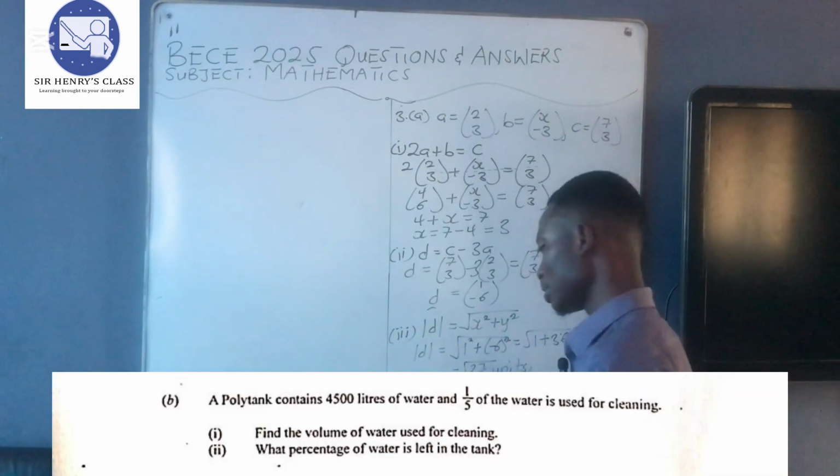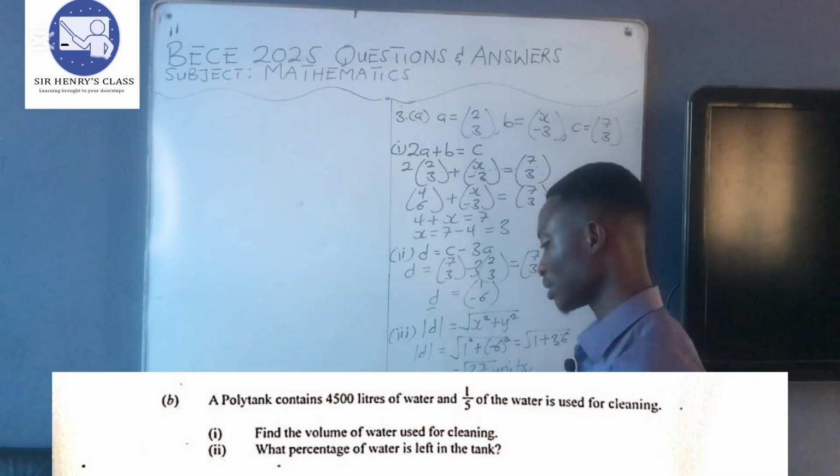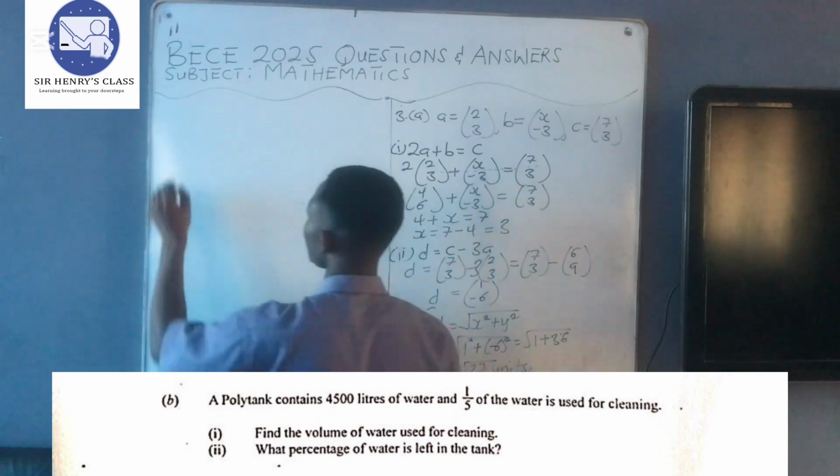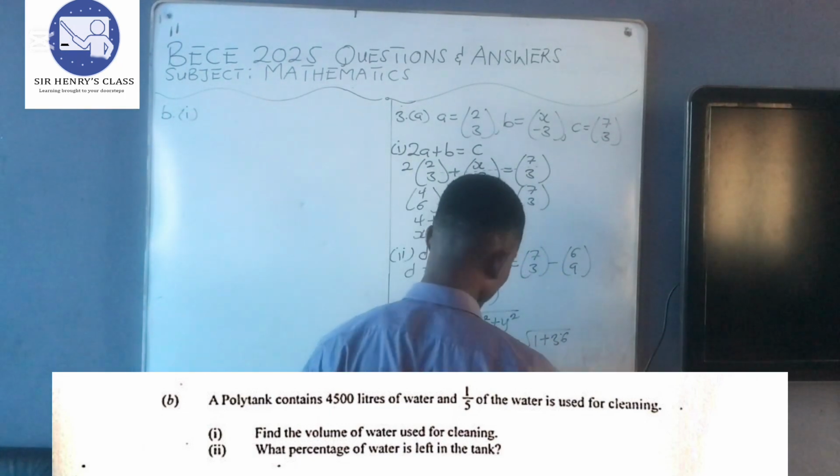All right. So 3B. A polytank contains 4,500 liters of water, and 1/5 of the water is used for cleaning. So Bi. We have to find the volume of water used for cleaning.